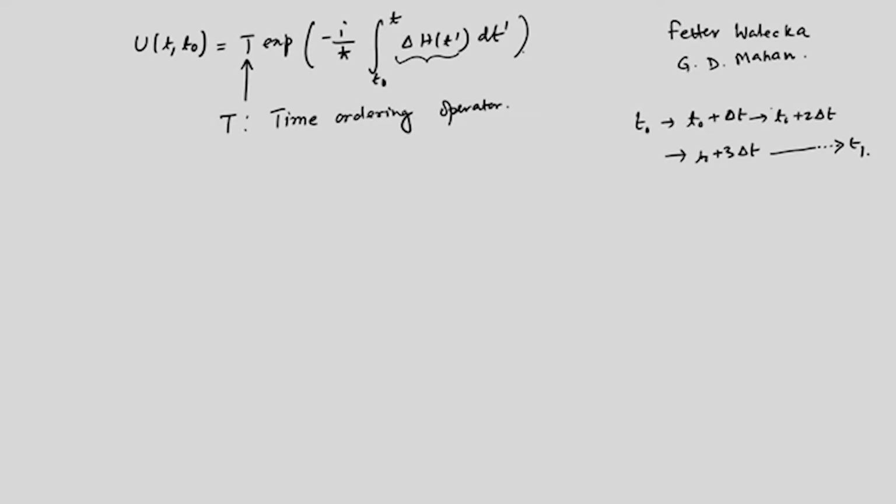And it of course makes sure that i h cross dU/dt is equal to delta H times U. So that is the equivalent of the Schrodinger equation for the operator. That's the time dependent Schrodinger equation for this unitary operator U. Okay.